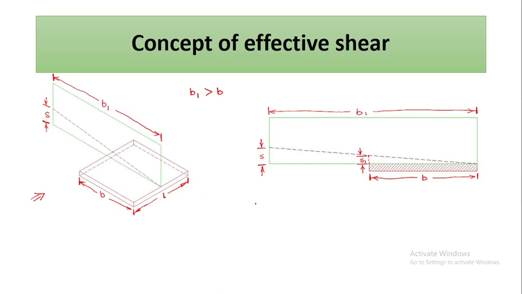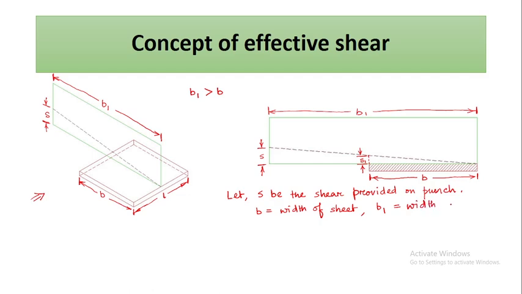Let S be the shear provided on the punch, B is the width of the sheet, and B1 is the width of the punch.